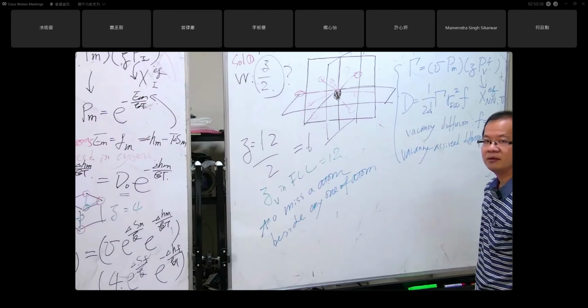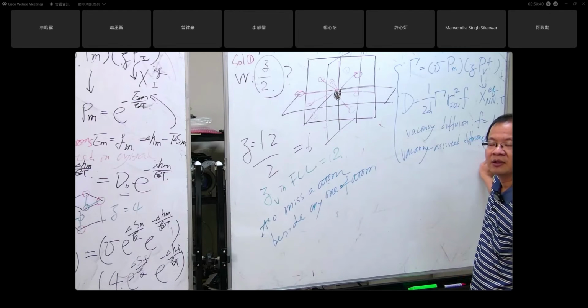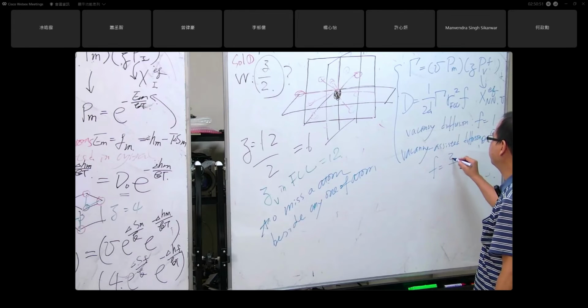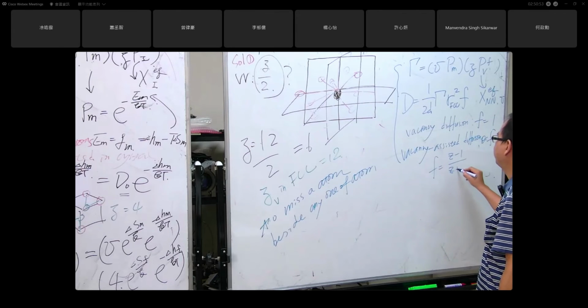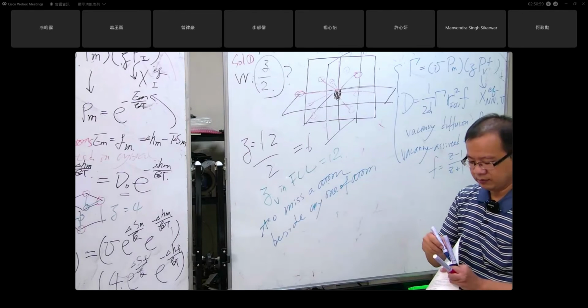It's not free because your correlation factor F is not random. You need your defect to reach the NN site beside your tracer atom. You know that F equals Z minus 1 divided by Z plus 1. So different cases. So you must know this difference.